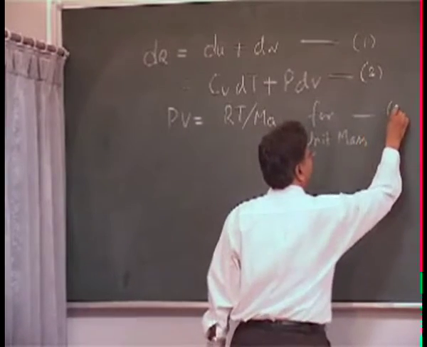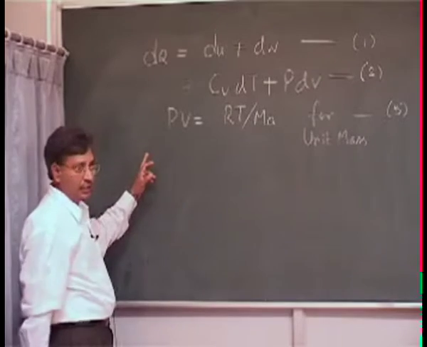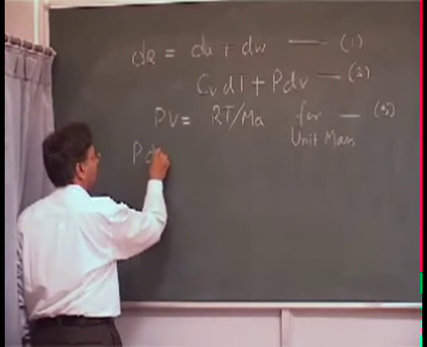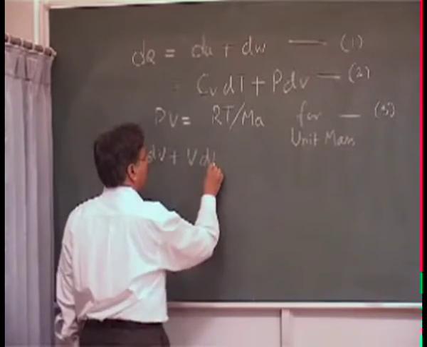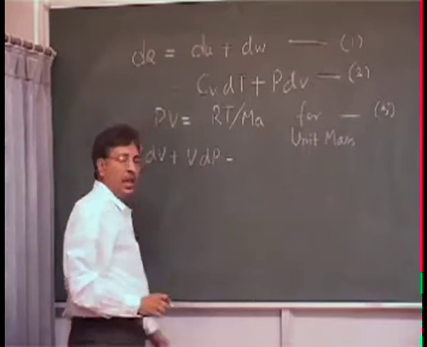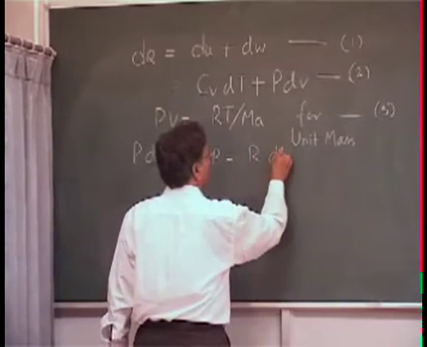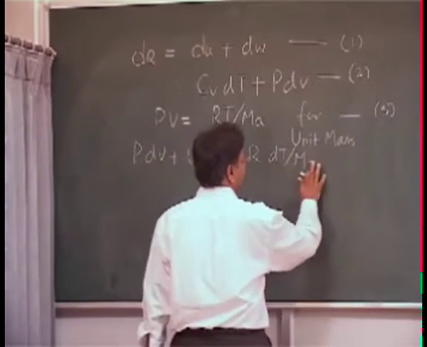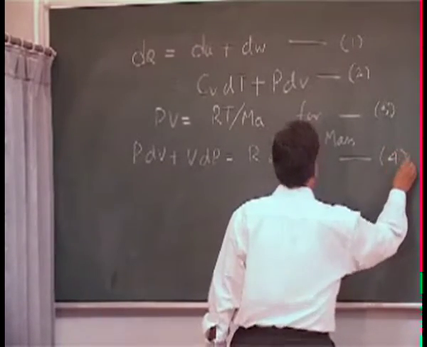Let's say that is my equation number 3. If I differentiate this equation, I can write this as P dV plus V dP equals R dT by Ma, where R and Ma are constants. Let's write small a. That is my equation number 4.